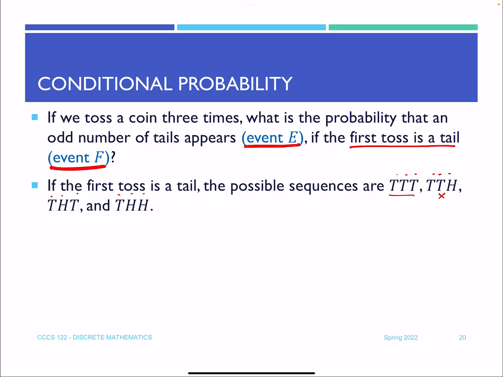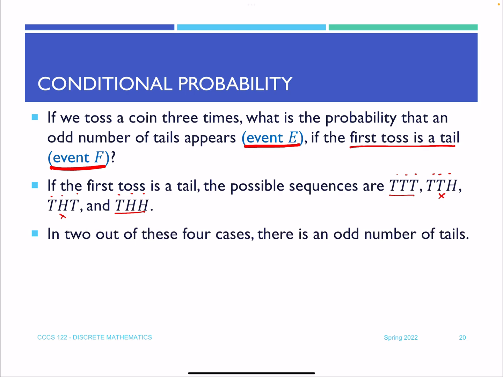Not this one, because it's 2. Not this one, it's 2. And this one, 1. 1 and 3, so 2. In 2 out of these 4 cases, the number of tails we see is odd. Therefore, because each of these outcomes is equally likely, in 2 out of 4 cases, we see an odd number of tails, given that the first one is already a tail.